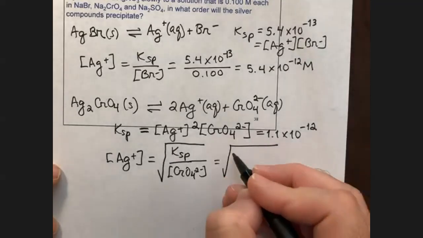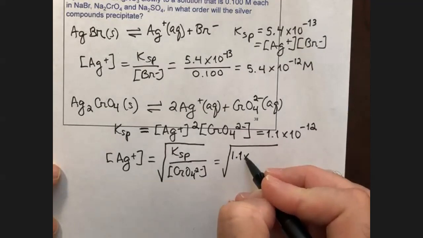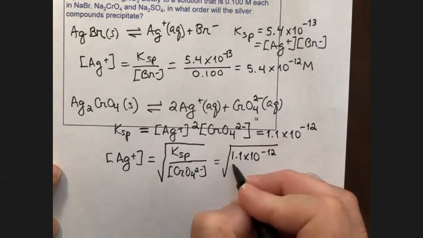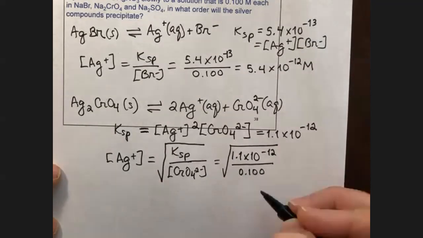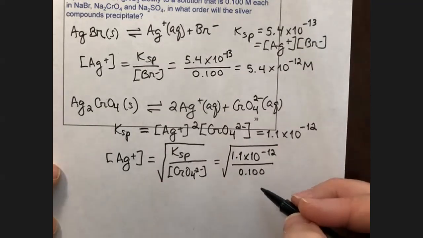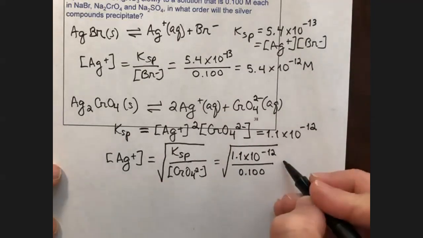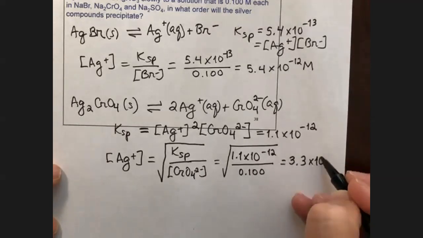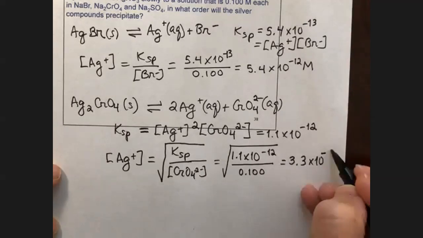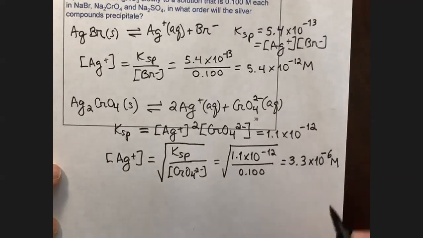Square root of 1.1 times 10 to the negative 12 divided by 0.100 molar. Remember, they're all 0.100 molar. And it looks like we get here 3.3 times 10 to the negative 6 molar.